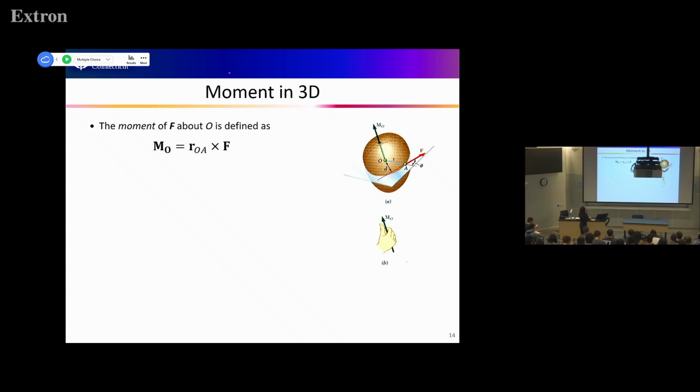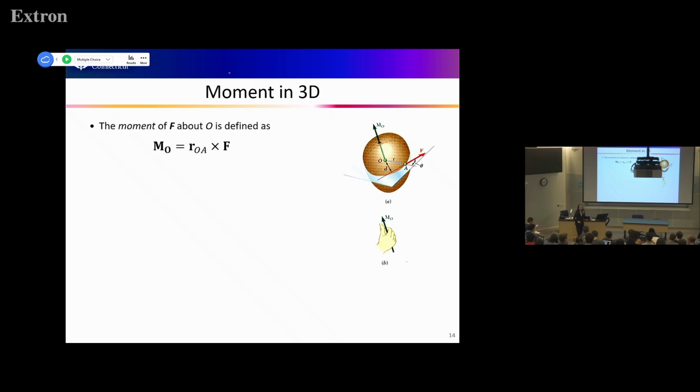And r is the position vector, a vector connecting the reference point to the point of action. So I repeat, the position vector is a vector connecting the reference point to the point of action of the force of our interest. This is the point of application, this is the reference point, and this is the position vector. So r is this vector.